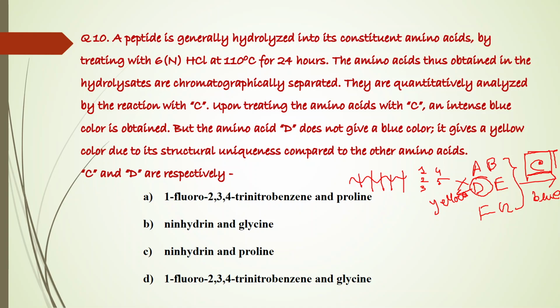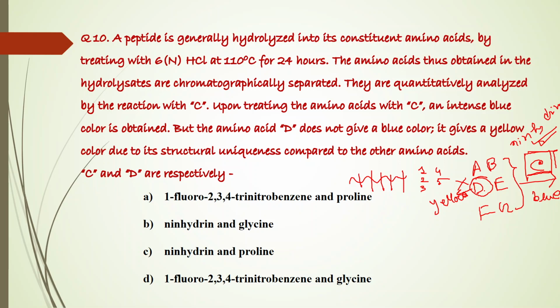So we already know that the reagent C that we were talking about is nothing but ninhydrin. Fine. Then the question comes: what amino acid is D, which is not giving blue color but yellow?